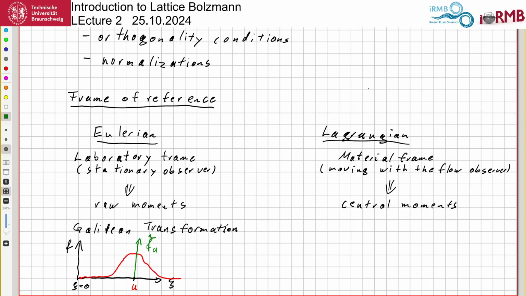So now we can shift the entire distribution. The one is in the laboratory frame and the other one is in the moving frame. So we can then say that F tilde u is F of xi plus u. This is a Galilean transformation, just to shift something by a velocity.